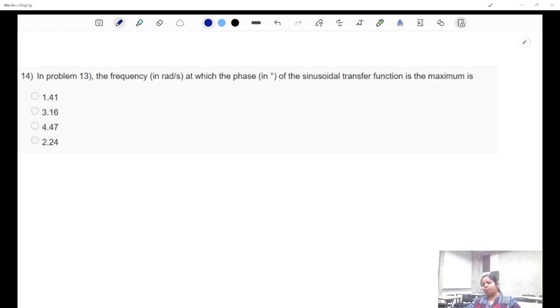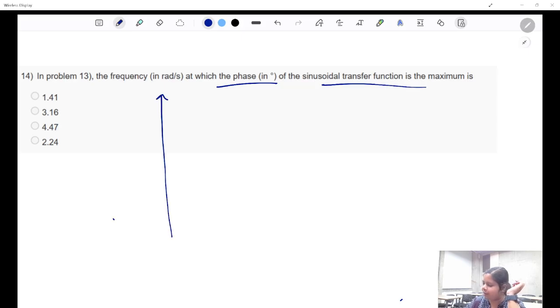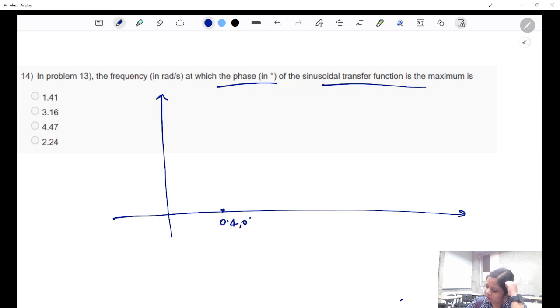In the same problem, the frequency at which the phase of the sinusoidal function is maximum is what? Let's draw it once again. So we had 0.4 comma 0 for omega equal to 0.